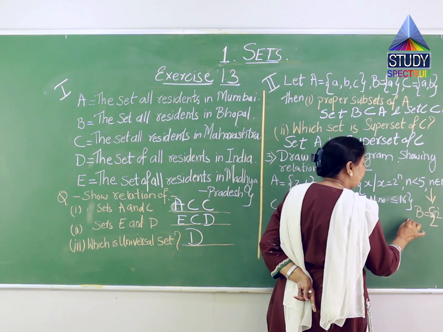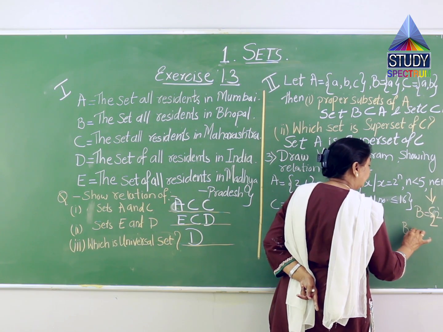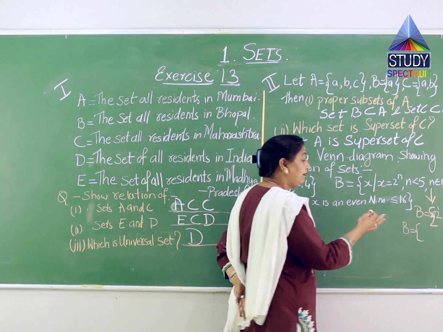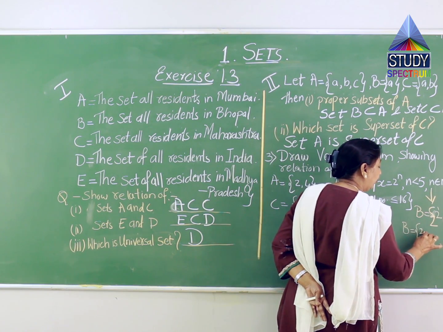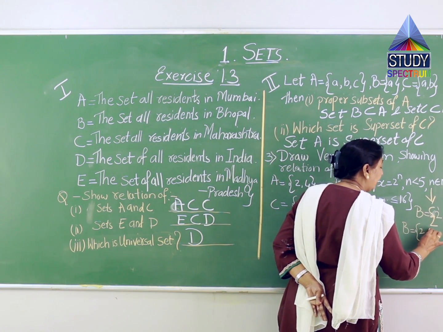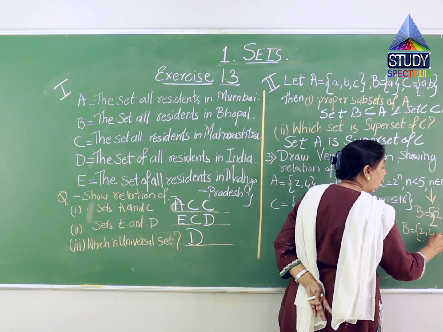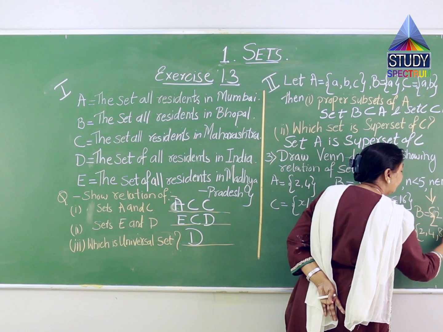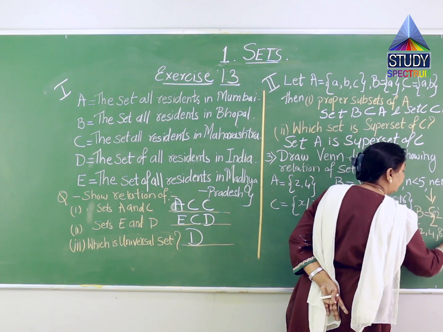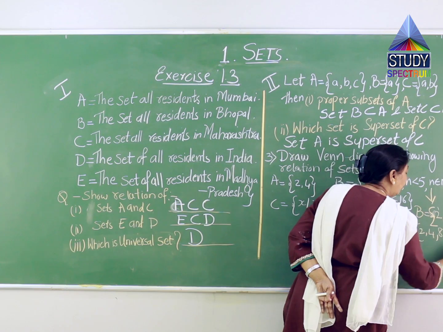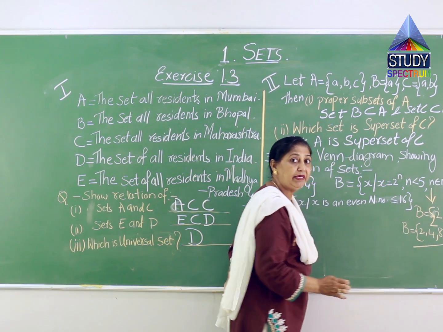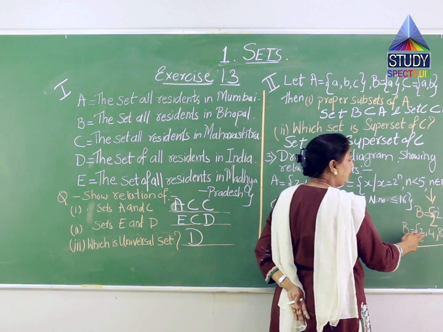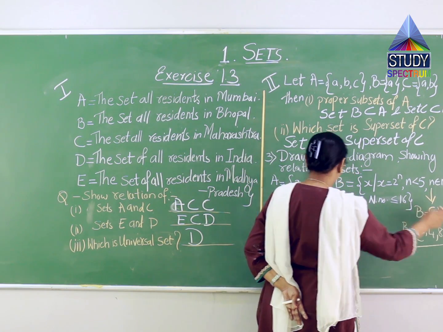Now what is it, I can write like this. 2 raised to 1, any number raised to 1 is the same number, so it will be 2 itself. 2 raised to 2, that is the square of 2, 4. 2 cube is 8 and 2 raised to 4 is 16. So now we got the exact elements which the set B is having. So set B is having 2, 4, 8 and 16.